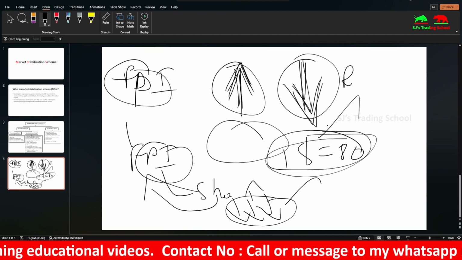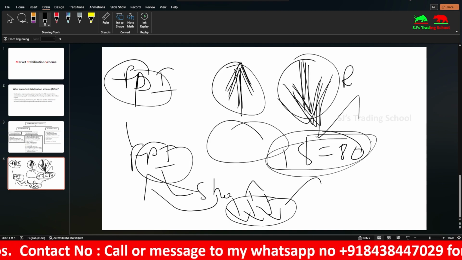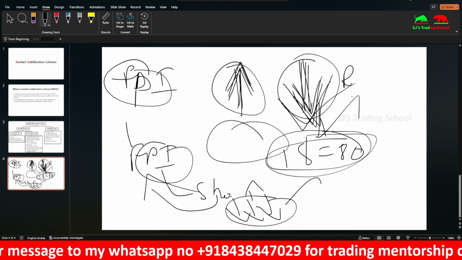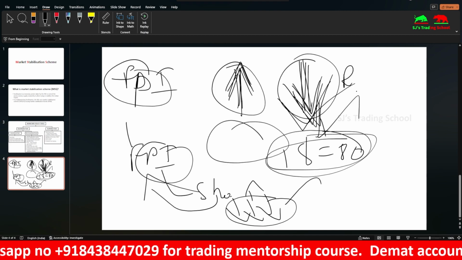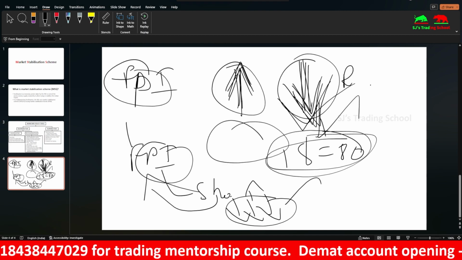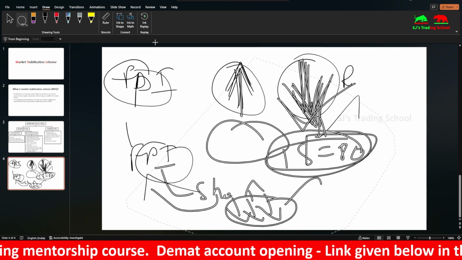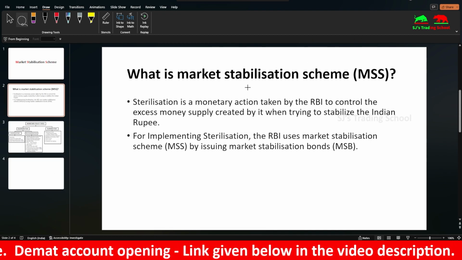But the money supply released by the RBI is still in the market. It is extra, so since the money supply is more, it leads to inflation. More people will have money in their hands, it will lead to demand for products, and it will lead to inflation. So this is where the concept of sterilization comes in.